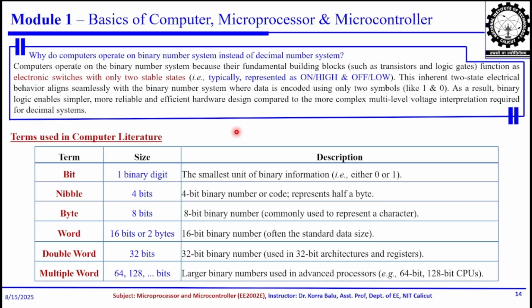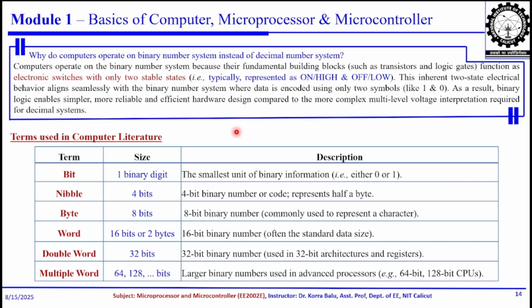There you will meet the BJT, FET and MOSFET, which work as electronic switches. A switch is either on or off, so we represent it in binary: 0 indicates off and 1 indicates on. Computers work on the binary number system because it is on or off.